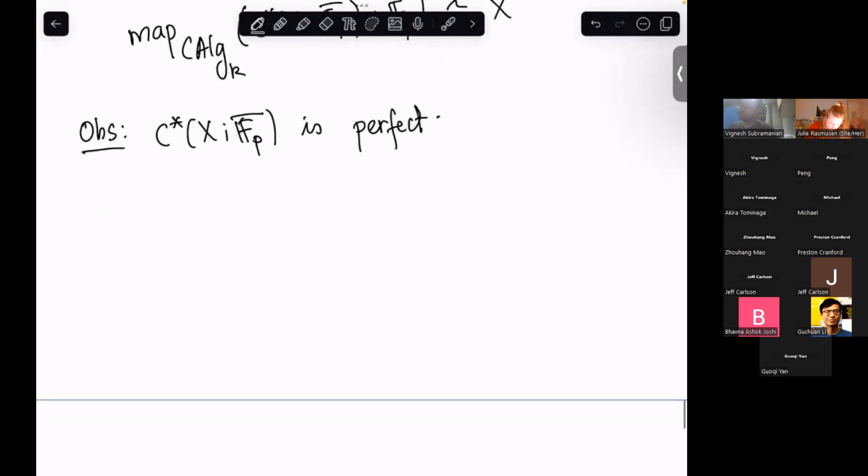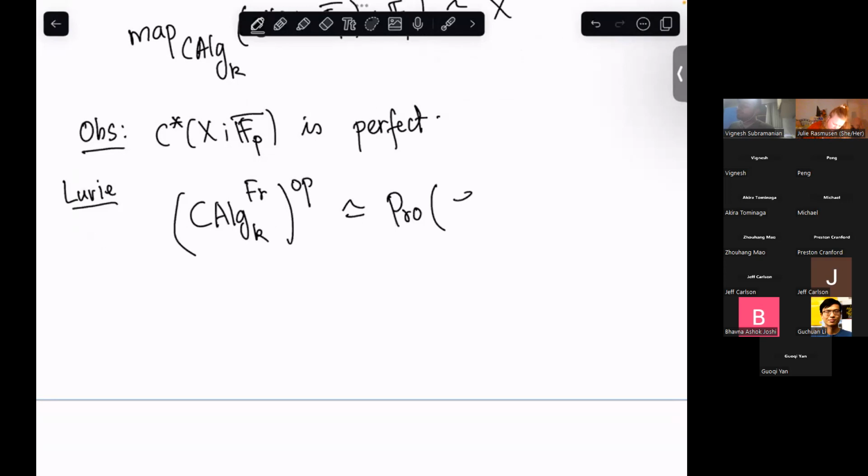But what is more surprising, this is the second part, the theorem due to Lurie, is that the category that we have defined above, commutative algebras on which Q0 acts by isomorphism, if you take the opposite of this category, this is the same thing as pro-p-finite spaces. So this is the pro category of all p-finite spaces.